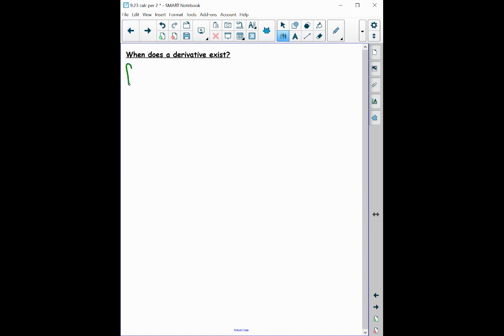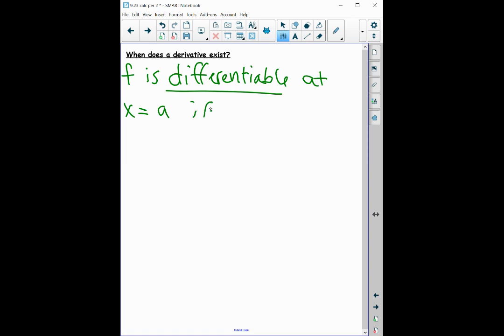So we say f is differentiable at x equals a if f prime of a exists. That kind of makes sense. It has to have a derivative in order to be differentiable.